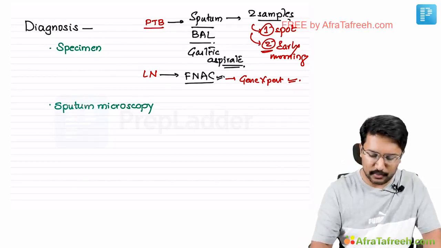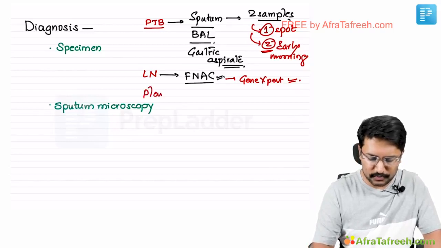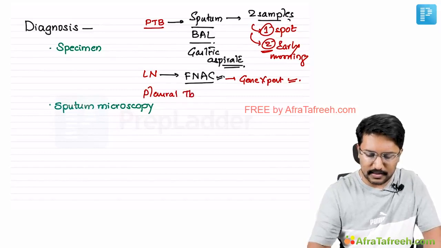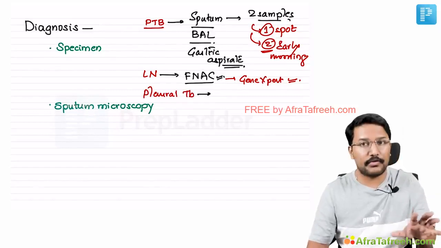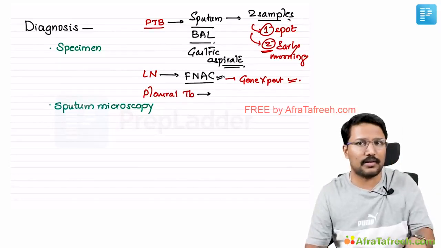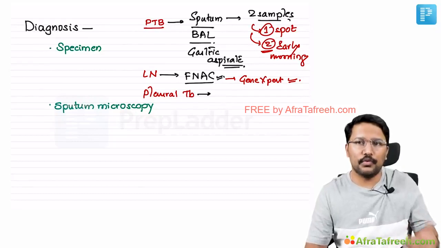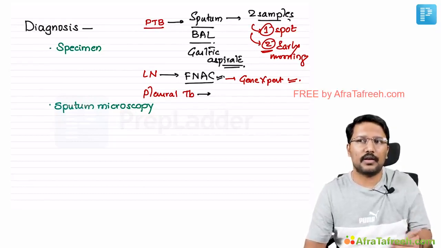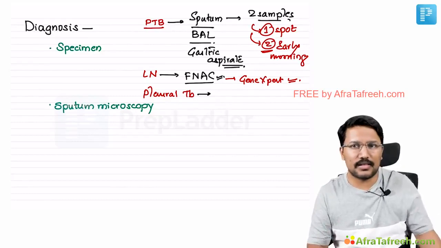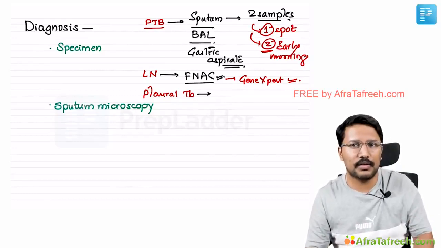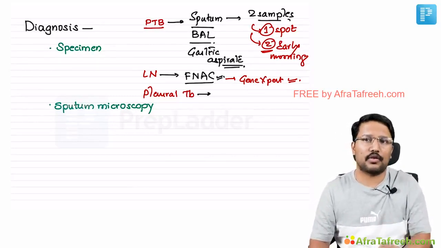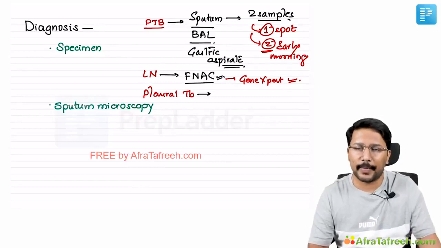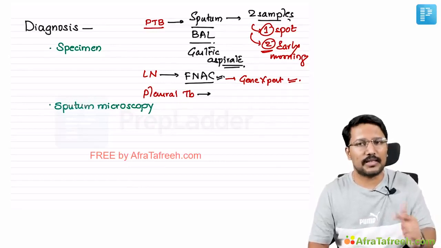Now, what is the ideal sample for pleural tuberculosis? We are talking about microbiological diagnosis now, not the clinical diagnosis. Pleural fluid is almost a useless test for the microbiological diagnosis of tuberculosis. Whether you want to culture or do GeneXpert, it is insensitive.